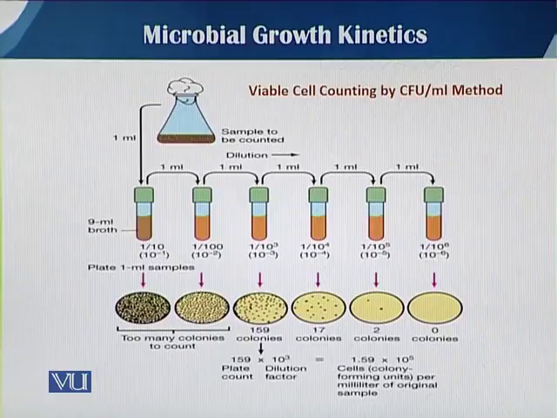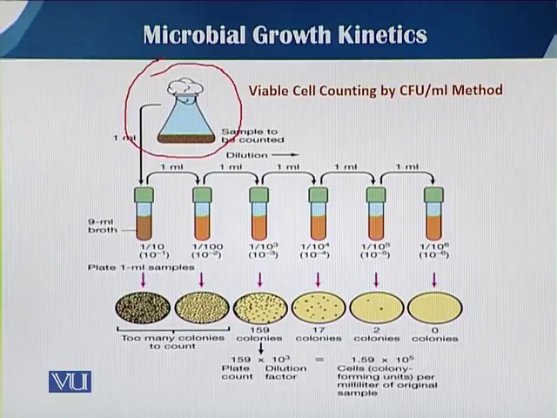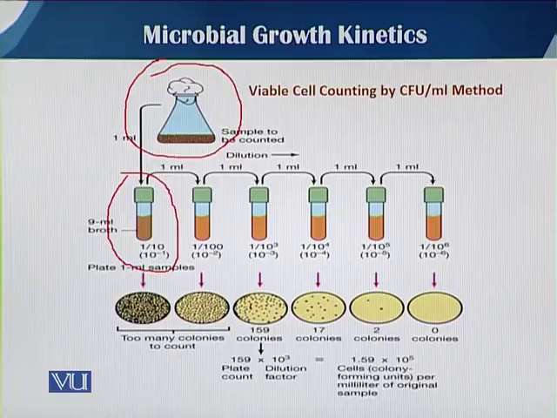Sometimes when we do the viable counting, we have to dilute the samples gradually, which is normally known as the dilution method. In this picture you can see that if we have a sample grown in a flask, we take 1 ml of the sample and dilute it into a specific volume, and then gradually we dilute it and form different dilutions.